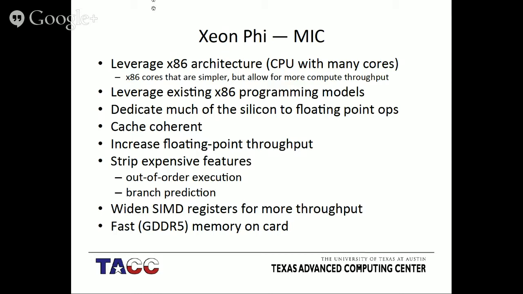So when all these cores interact with each other, there's a cache coherency protocol that keeps all the data that is stored in these cores and on all the caches attached to the cores in a coherent state. And that is one of the key elements that was needed so that you can leverage all the existing x86 programming models without any or many modifications.